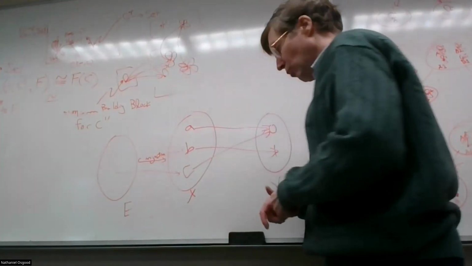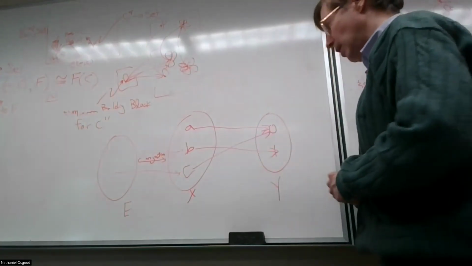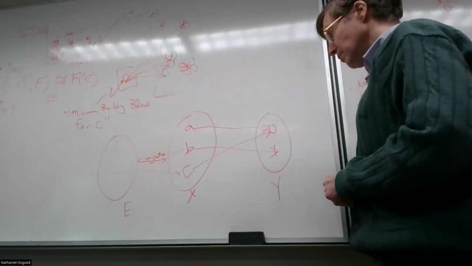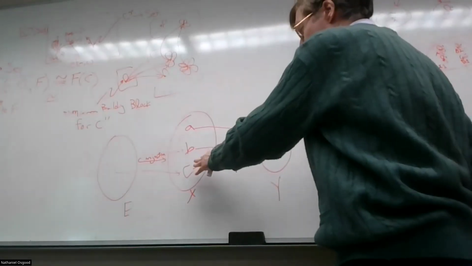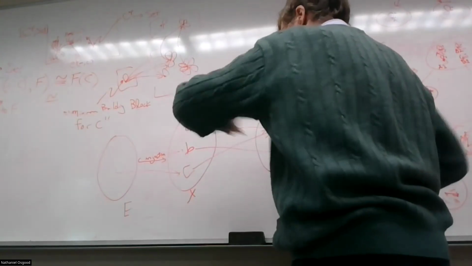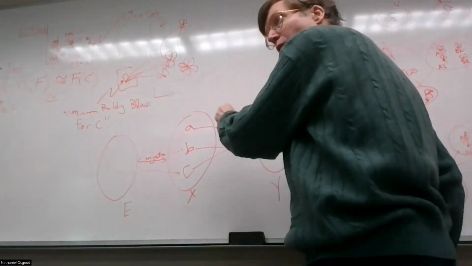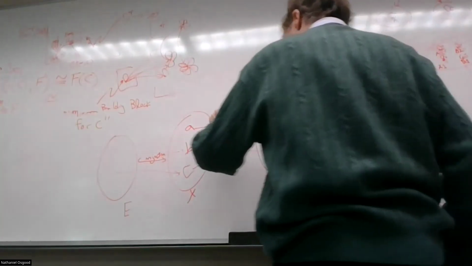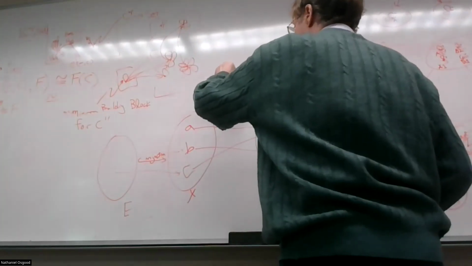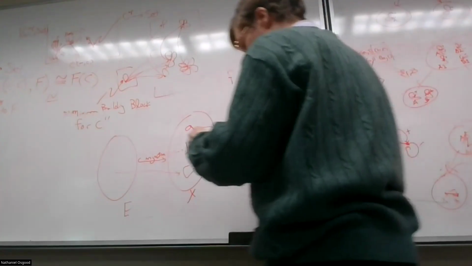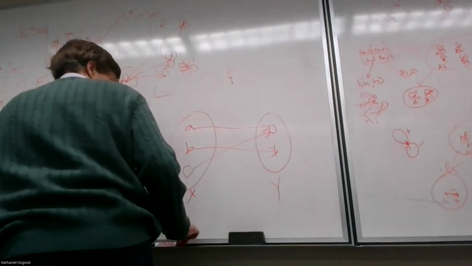Okay. So if I take the equalizer, here we have one mapping. This is F, right? This is one mapping. So we'll just remember F is red, and I'm going to need another color.